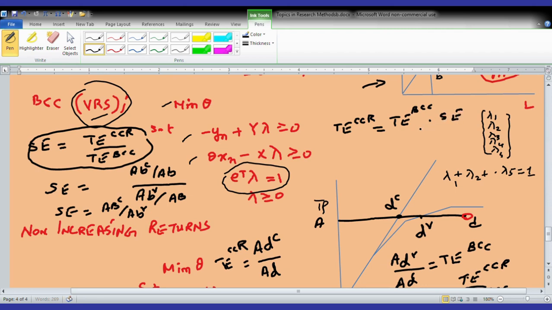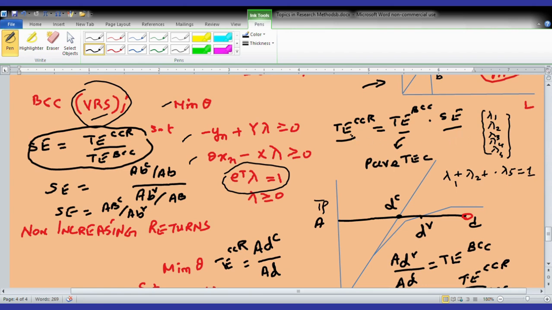So what this equation is saying is that if variable returns to scale is a realistic assumption, then the technical efficiency can be decomposed into these two components, and this component is known as the pure technical efficiency component, and then this is scale efficiency.